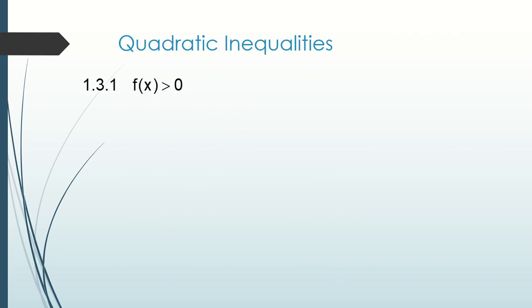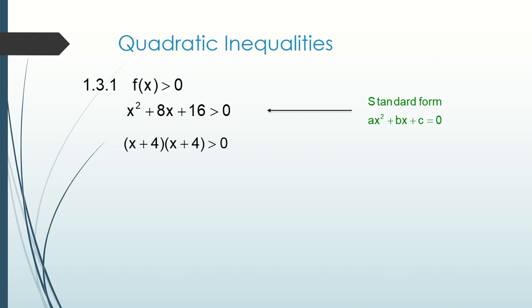Quadratic inequality. So that is 1.3.1. They said we must solve for x if f of x is greater than 0. We know, because we were given in the question, that f of x is x squared plus 8x plus 16, and it's in standard form, so we can factorize. And once we factorize, we can see that we have just one critical value instead of the usual 2.